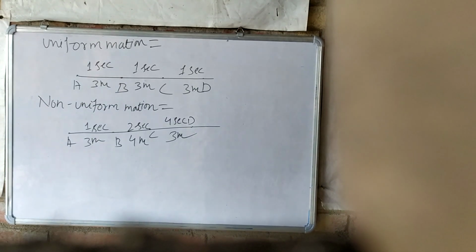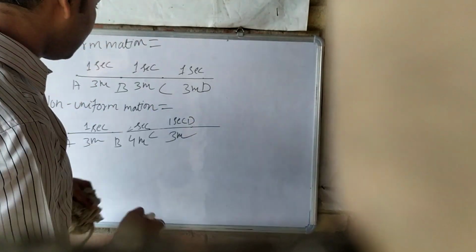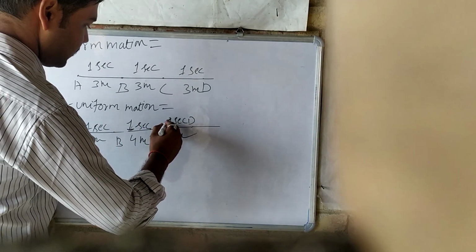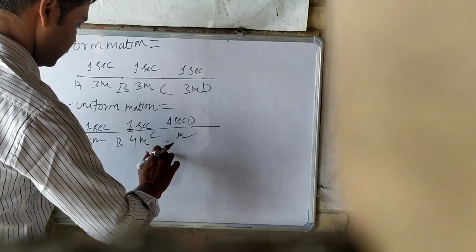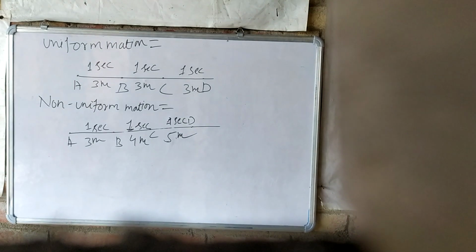You can see it is written clearly over there. When a body covers unequal distance in equal interval of time along the same straight line. Unequal distance in equal interval of time. So a little bit of correction over here: unequal distance in equal interval of time. That means time will always be 1 second, but the distance covered will change.